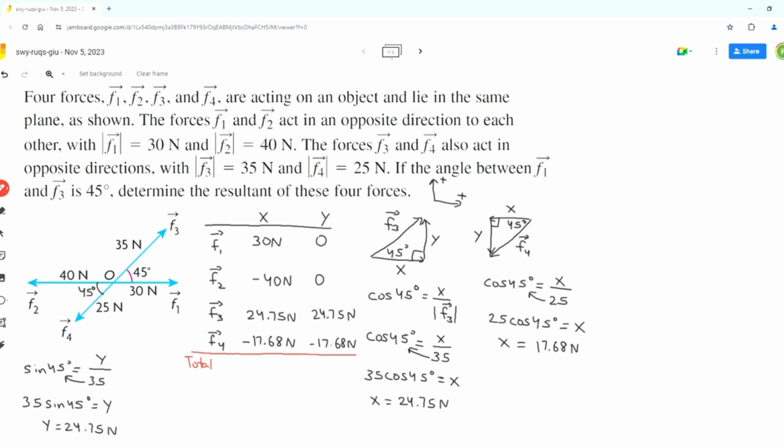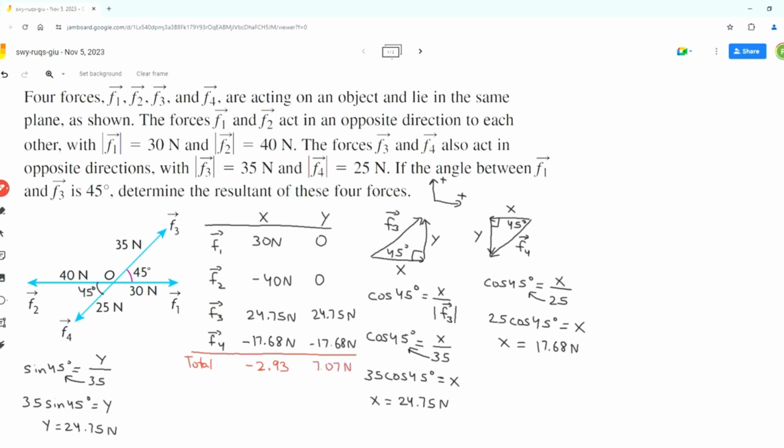So I got minus 2.93. And now we can add the Y components. So for Y components, we have to do 24.75 minus 17.68. So I got 7.07 Newton.